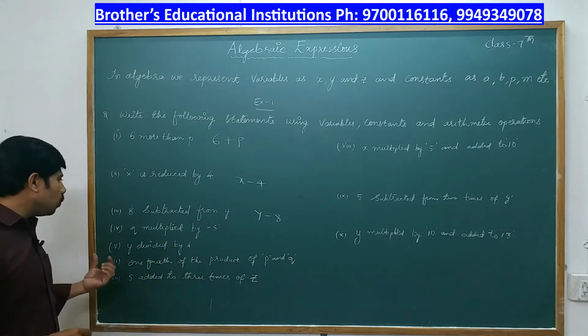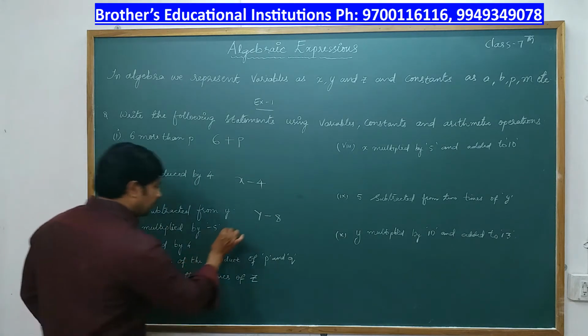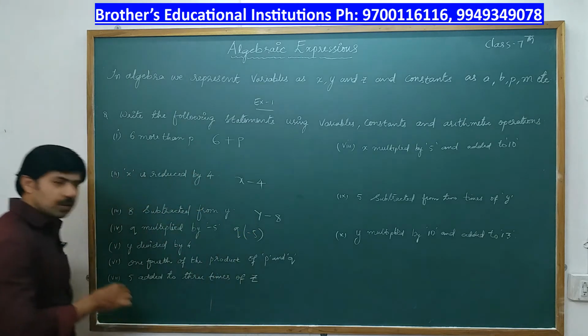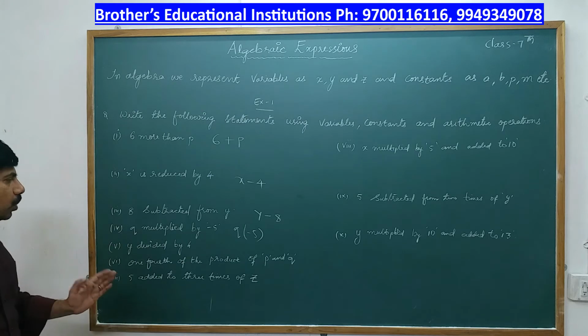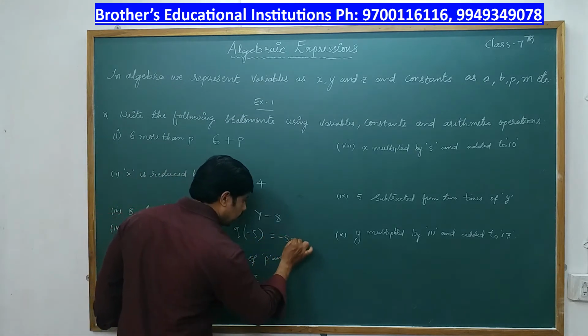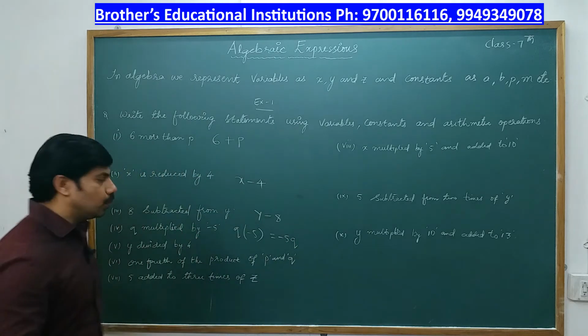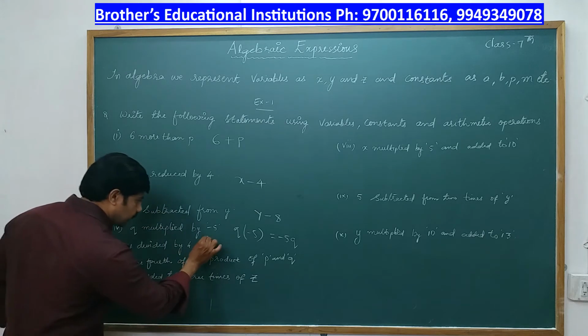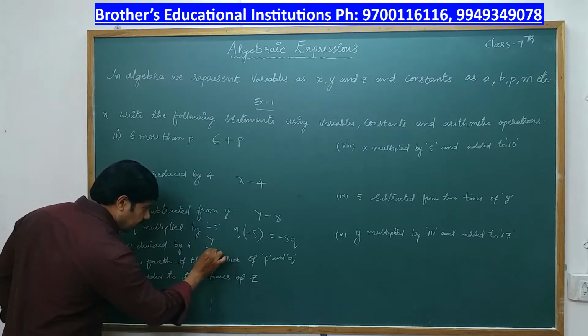Then q multiplied by minus 5. Q multiplied means just use the brackets or you can use into. Q multiplied by minus 5 is nothing but minus 5q. Then y divided by 4.